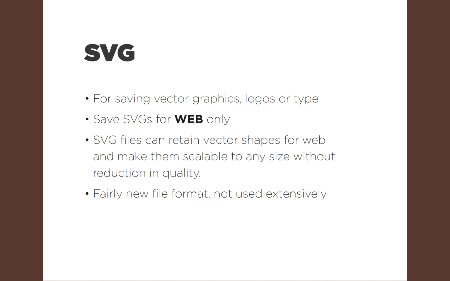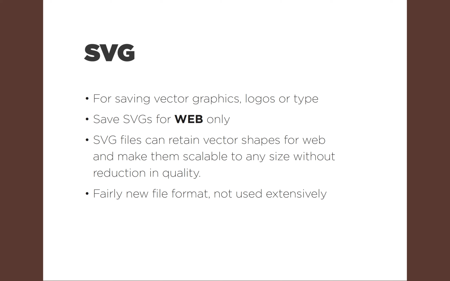SVG, Scalable Vector Graphic. Scalable vector graphics are for vector graphics that are done in Illustrator for logos, type, and graphics, icons, you name it. SVGs can be used for print. We pretty much use them for the web because the benefit is that they do not pixelate like a PNG or a GIF.